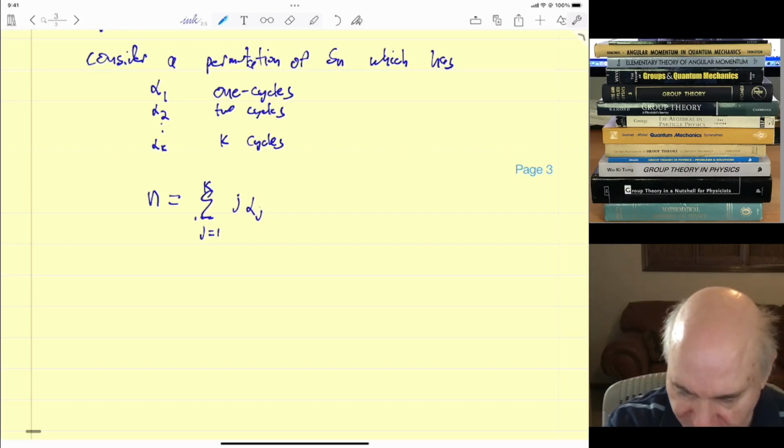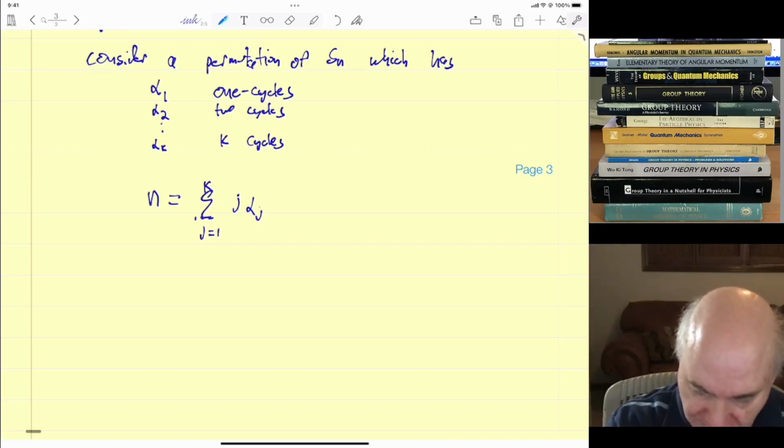In other words, the 1 cycles have 1 element, and we have alpha 1 of them, so that takes care of that many integers. The 2 cycles, when j is 2, we have 2 elements, and then we have alpha 2 of those, and so on. So that has to cover all integers n.